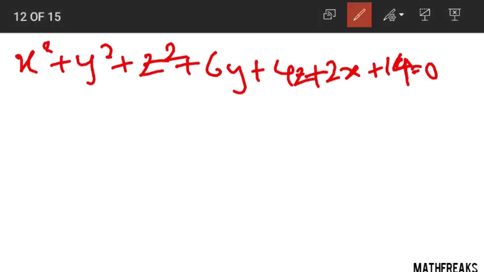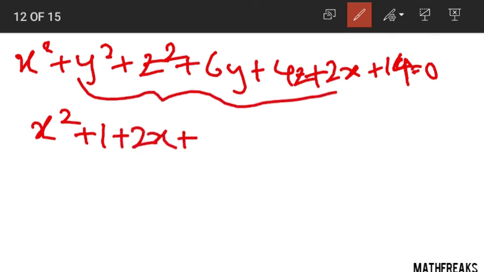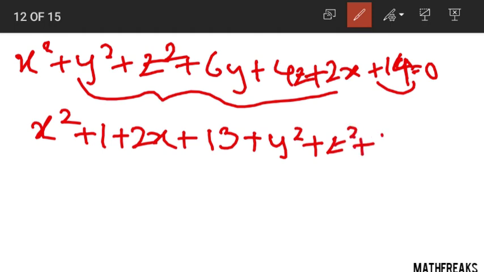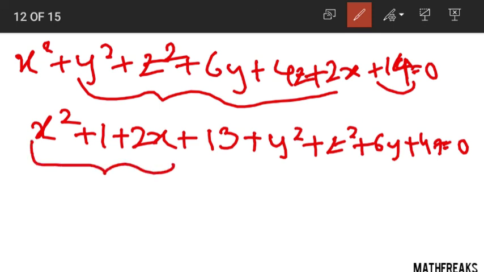So if I write x square plus 1 plus 2x and the rest is the same, from here we are left with 13 plus y square plus z square plus 6y plus 4z is equal to 0. Am I wrong? No. So write it, x plus 1 whole square. Now again for y square, and we have 6y, so we need 9. Remember, we need 9.